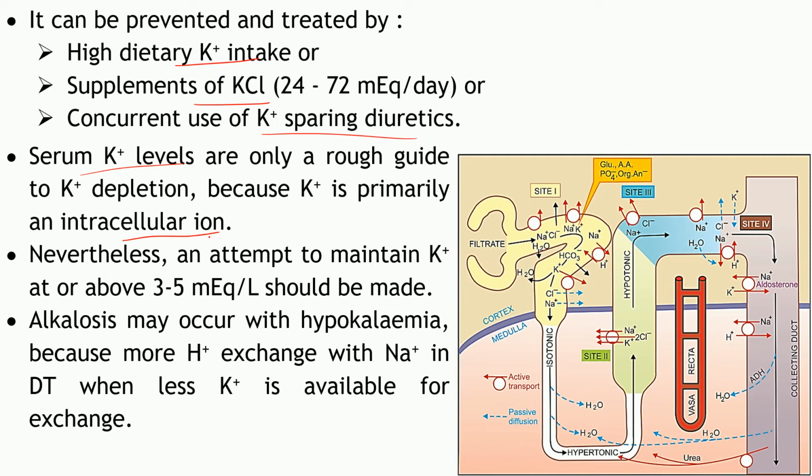So you cannot monitor the levels of potassium in the body by just monitoring the plasma levels of potassium, right? So still what you can do is maintain the level of potassium ions in between or above 3 to 5 milliequivalents per liter. So that may suffice to prevent the hypokalemia.